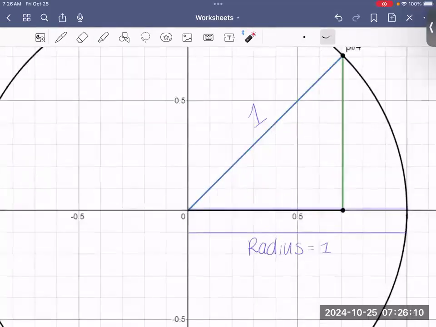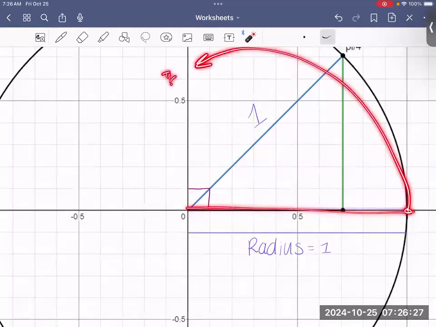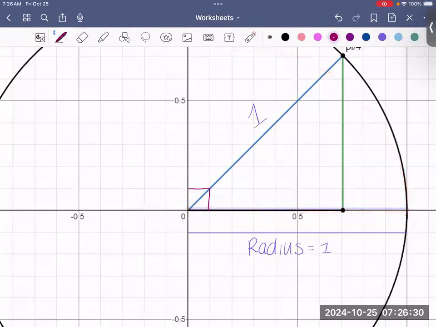And we can tell that it's a 45-degree angle because all triangles add up to 180. But in this first quadrant, if we go from 0 all the way up to pi over 2, we have done a 90-degree angle. And notice that we have now cut this 90-degree angle in half, meaning that this angle right here, half of 90, is a 45-degree angle, or in radians, pi over 4.